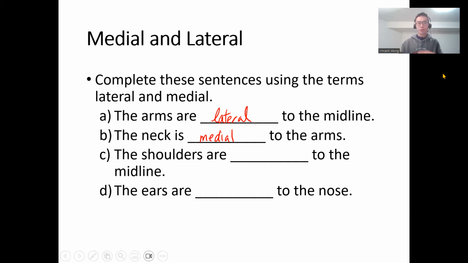The shoulders, right, are lateral to the midline. The ears are blank to the nose. Right? Ears are further away from the center, lateral.